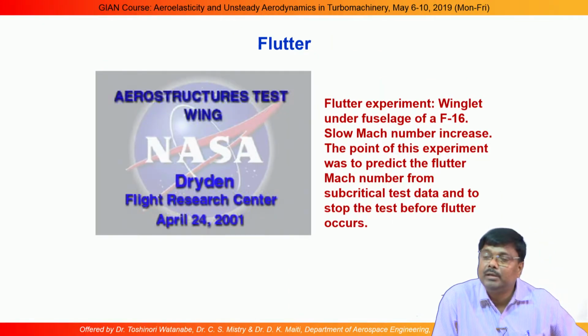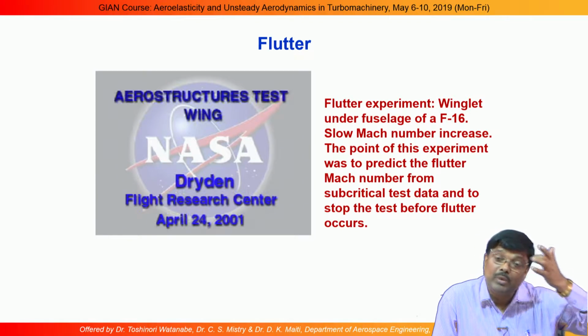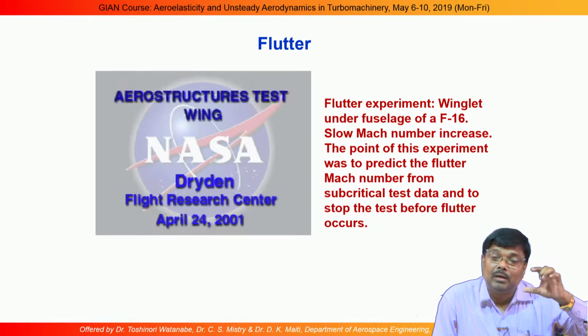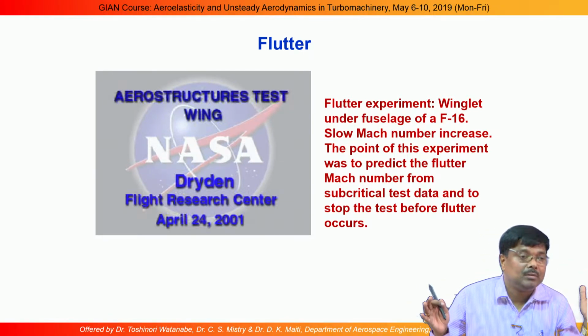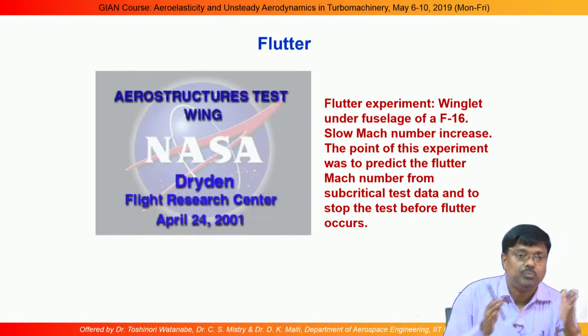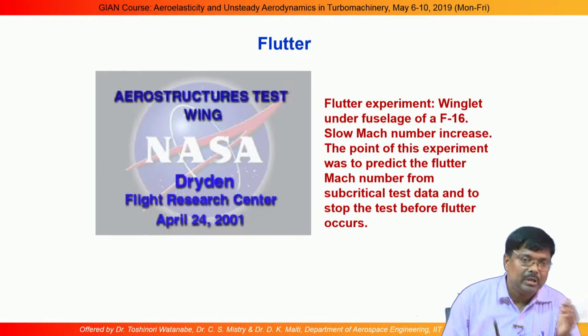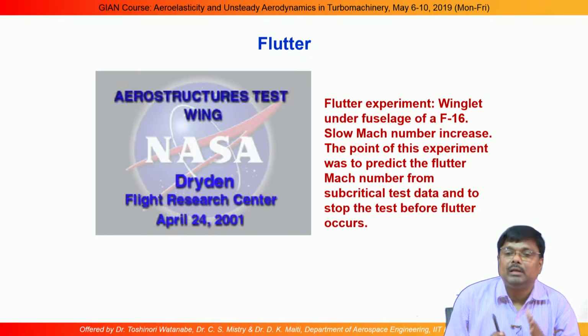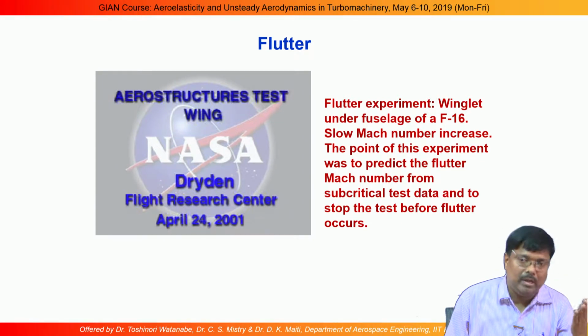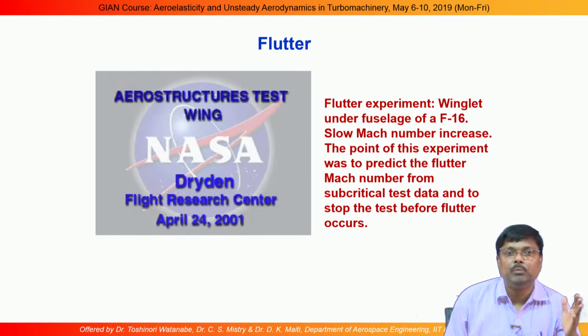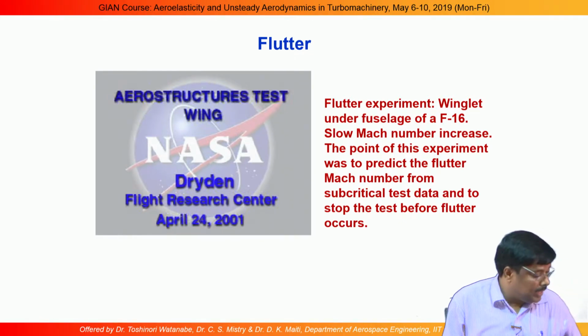Usually on the ground we cannot do any flutter test, but in the wind tunnel a whole aircraft may not be possible. Sometimes if we have a bigger test section, probably we can take a scaled full model, but sometimes we demonstrate it by taking a wing only, fixed at the wall, a cantilever wing kind of thing, a scaled wing model, and then do the test.